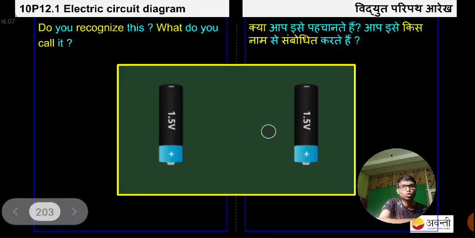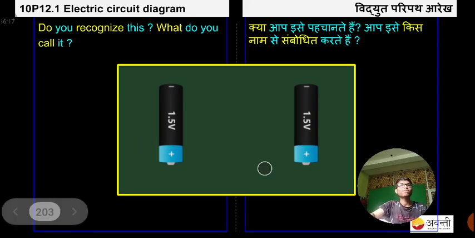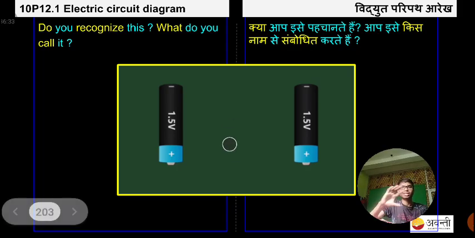So we have two electric cells. How much voltage does this electric cell have? 1.5, and this also 1.5. When we combine both, we will get 3 volt. So we get this much voltage by combining these two cells in proper connection.